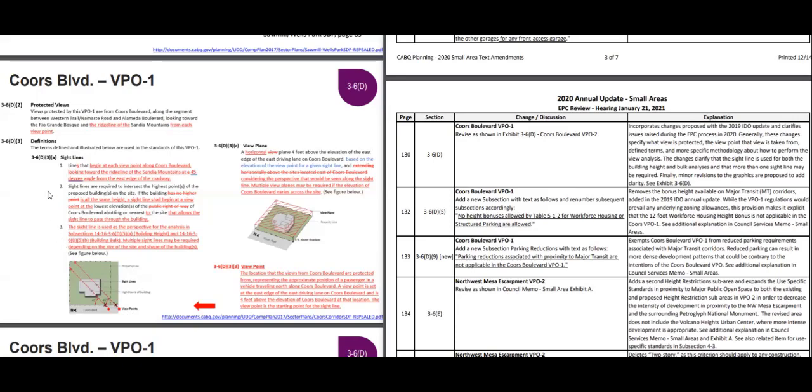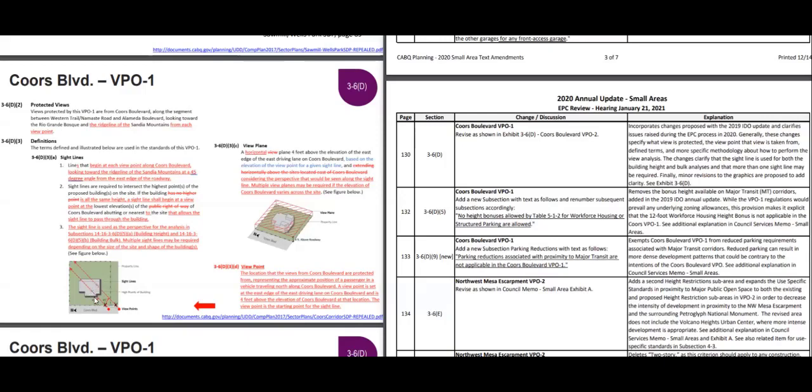Number 2, sightlines are required to intersect the highest points of the proposed buildings on the site. If the building is all the same height, a sightline shall begin at the viewpoint at the lowest elevation of Coors Boulevard abutting or nearest to the site that allows the sightline to pass through the building. So this diagram again shows 2 high points of the building.